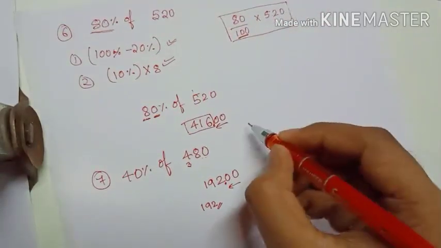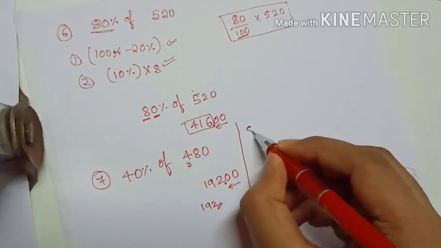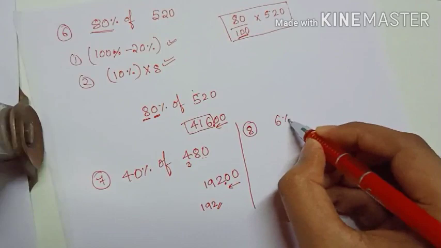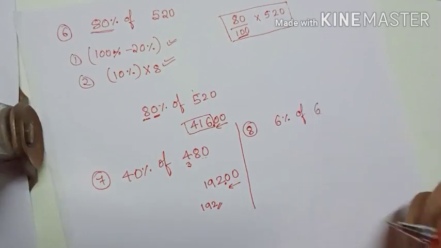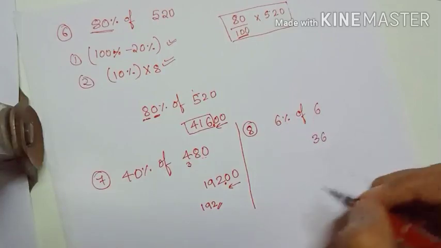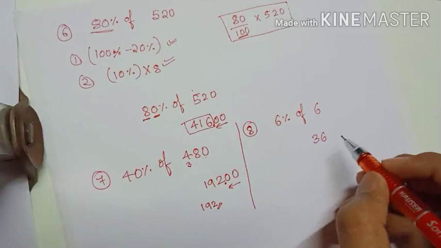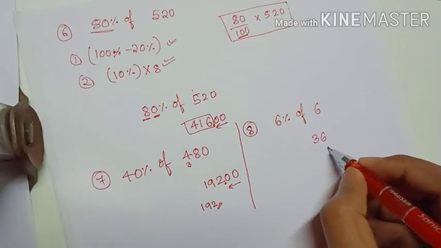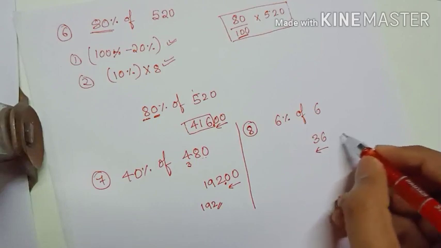Suppose, okay, leave it. So the 8th one, let me see how many of you can solve the problem now. Find 6% of 6. What is 6% of 6? No, 6 times 6 is 36. Yes or no? What I said, I have to put the point after 2 decimal places from the last. There are no zeros over here.